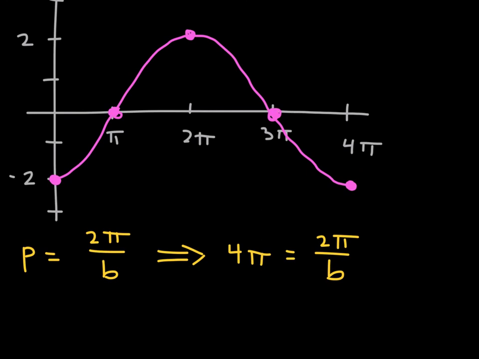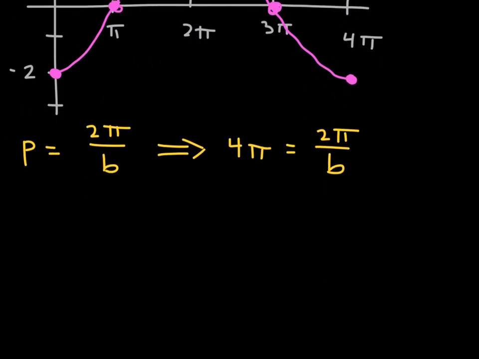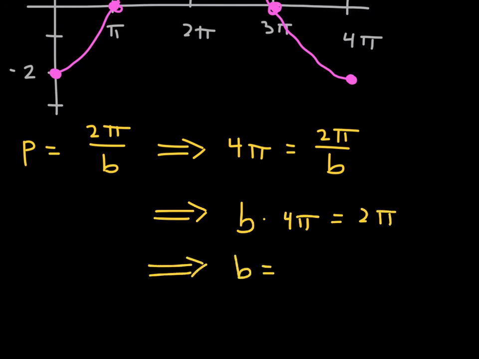So I can solve for b by multiplying both sides by b, and I'll get b times 4 pi is equal to 2 pi. Then I can divide both sides by 4 pi to isolate b and get that b must be equal to 1/2. That's what's going to get my period to extend, to horizontally stretch.